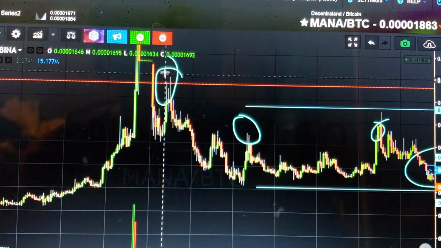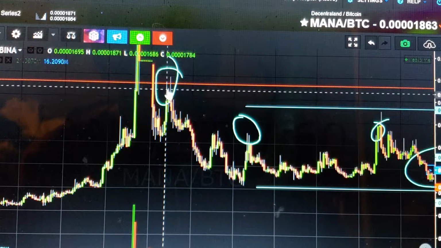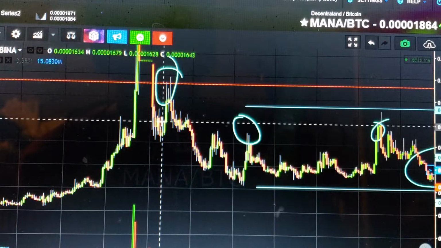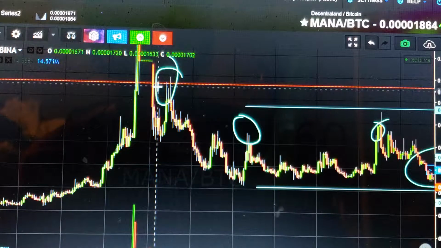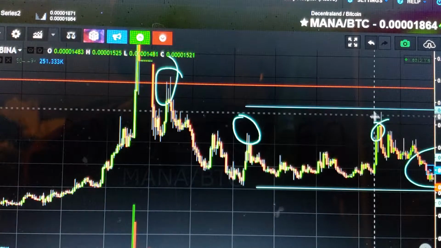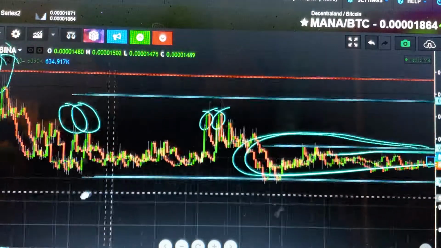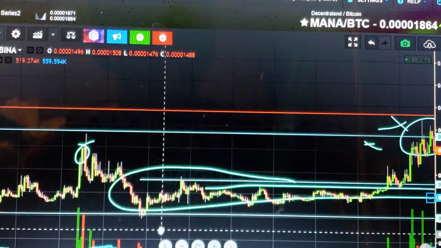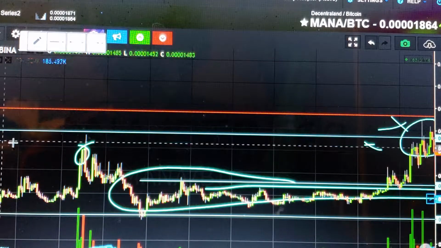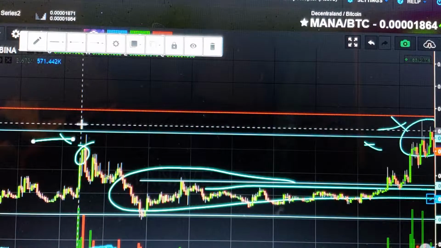So this is 1 hour where it pushed up and then came back down. Tried it again. You're probably sleeping, you get up the next day and you wish you would have caught that. Look, here's another wick. People ask, how do you catch these? Because you have pre-orders stacked up there to catch it.